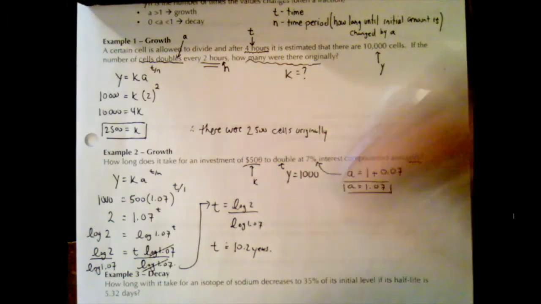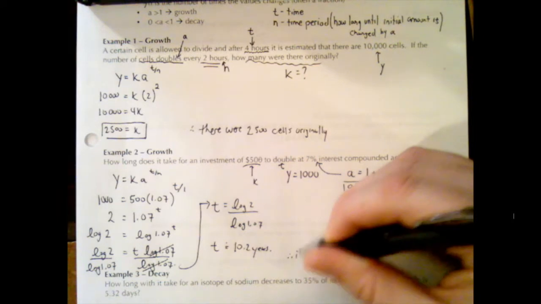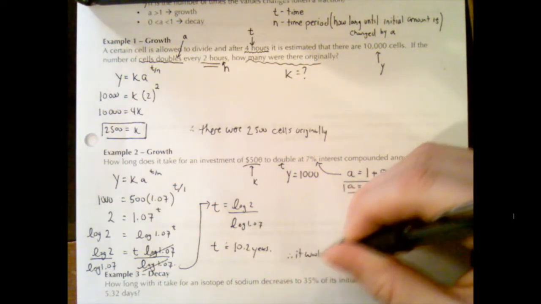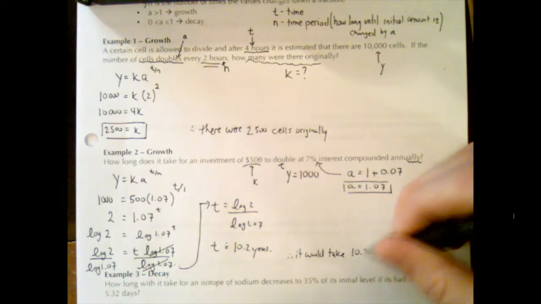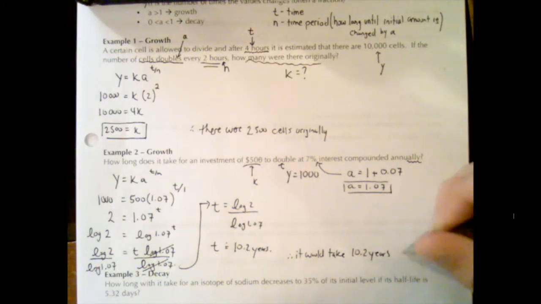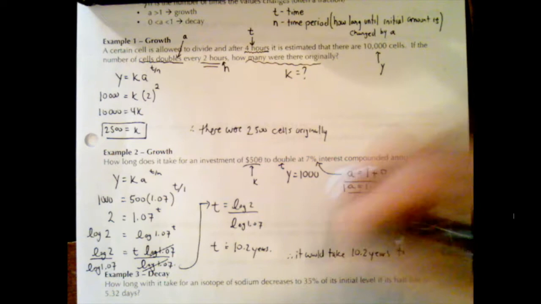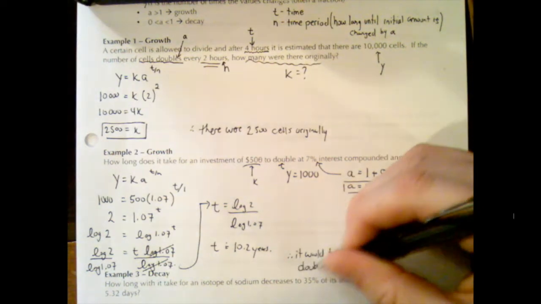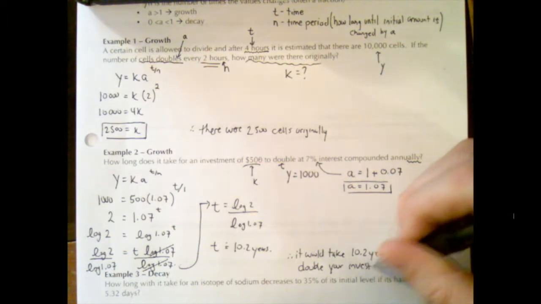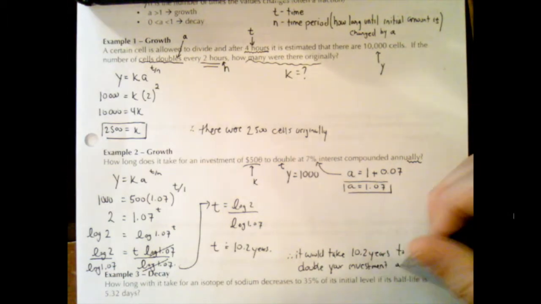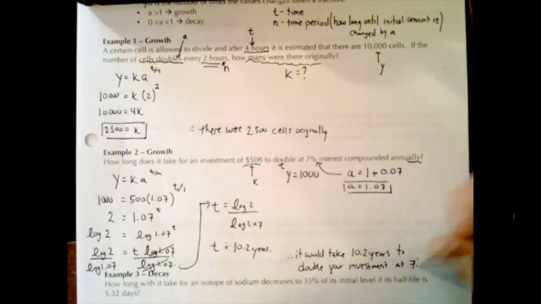So therefore, it would take 10.2 years to double your investment at 7% interest.